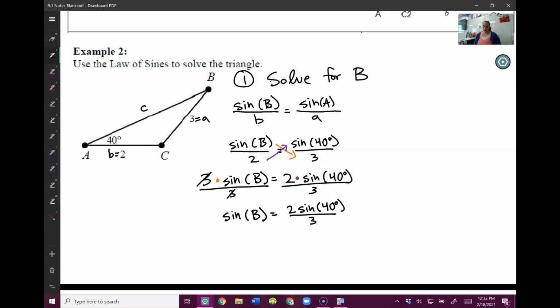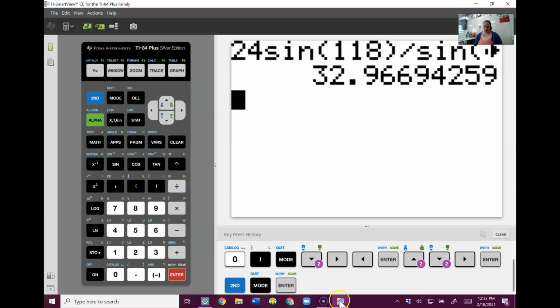Now I need to get rid of this sine right there. Well, how do we get rid of sine? It actually tells you on your calculator. If you come right here to your calculator, here's your sine button. Do you see up above it, it says sin -1? Well, that's called the inverse sine function.